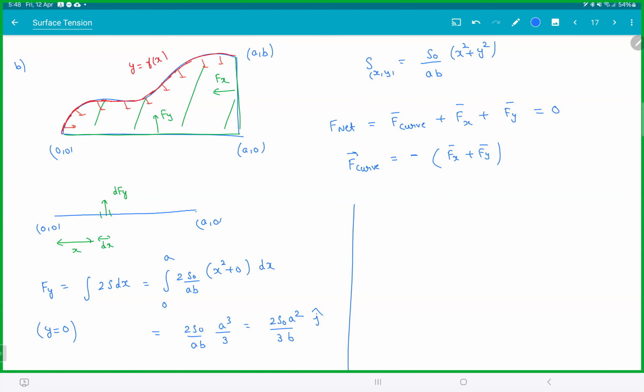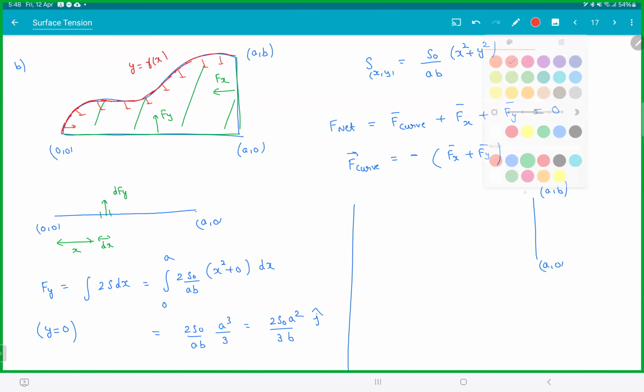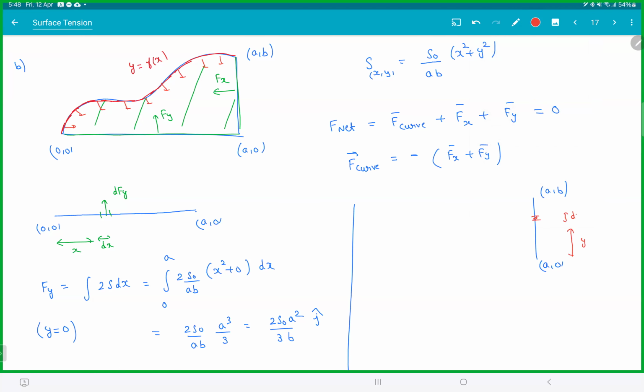Similarly, you can do this on the vertical one. This vertical line, where you're going from a, 0 to a, b. So on this, at a height y, take a small section dy. On this, the force would be this way, Fx. So Fx would be integral 2s dy.